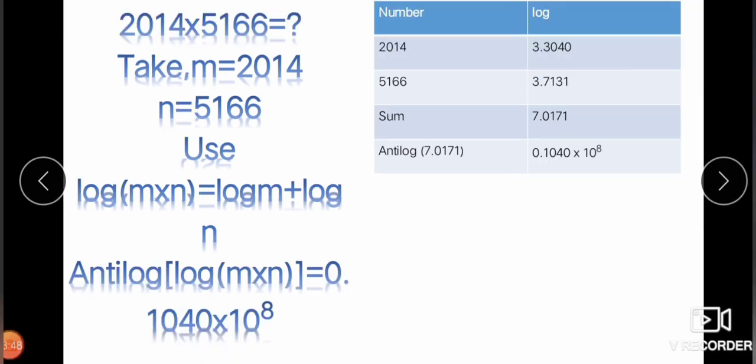Let us multiply using log table. 2014 multiplied by 5166 is how much? Let us take one number as m and second number as n. Use log of m into n is equal to log of m plus log n, and antilog of this number will give us the value of multiplication. Let us calculate.